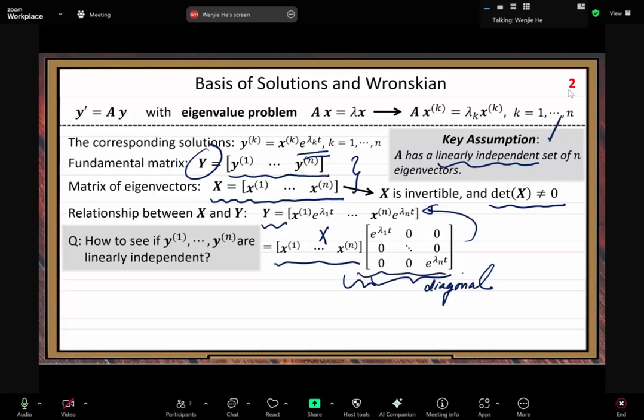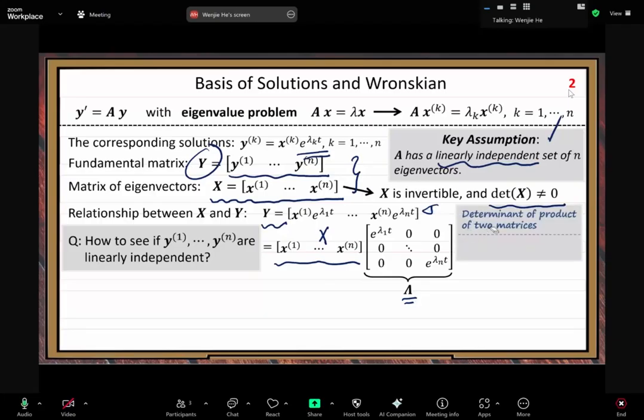The determinant of this diagonal matrix is also non-zero, because the exponents add up in the product of e to the lambda terms. A non-zero number times a non-zero number is also non-zero. Here we use a capital lambda to represent this diagonal matrix. Then let's look at the determinant of a product.